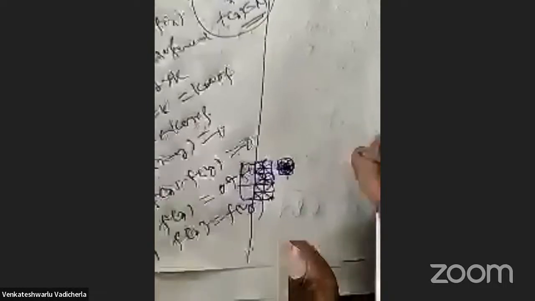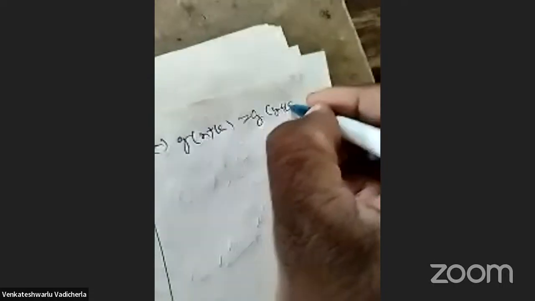So this means g of x plus K is equal to g of y plus K. We have to prove that if x plus K is equal to y plus K, then g of x plus K is equal to g of y plus K.